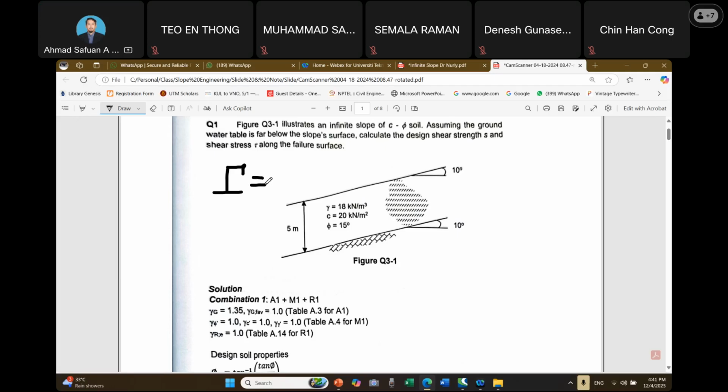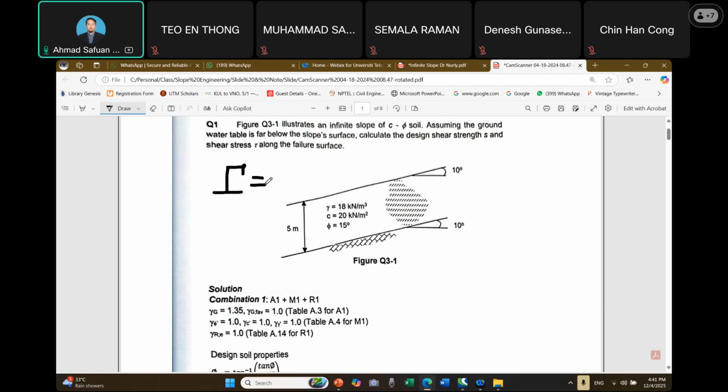This over design factor is the ratio between the resistance and actions. If the ratio between resistance and actions is greater than 1, it means that it complies with EC7. For EC7, we have two combinations.